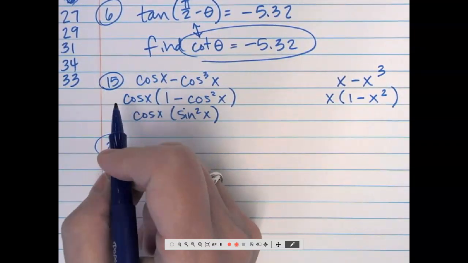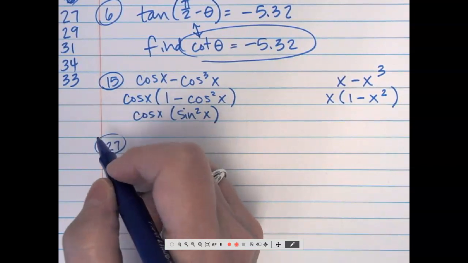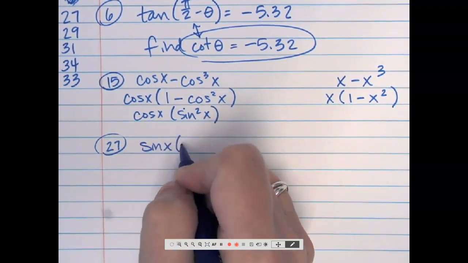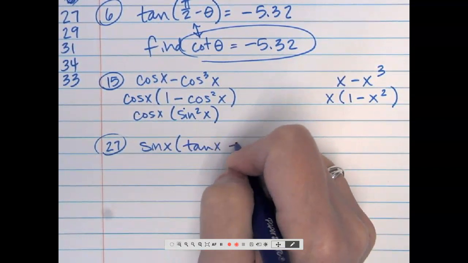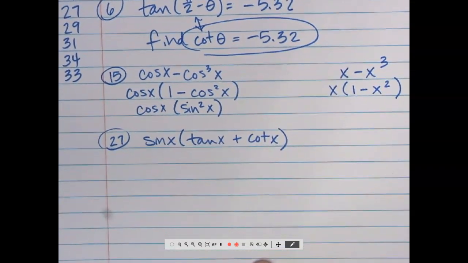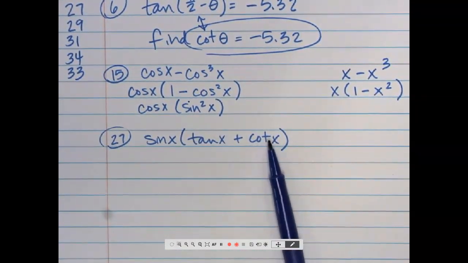Alright, use basic identities to change the expression to one involving only sines and cosines. And we start with this. Tangent plus cotangent. Okay, so tangent plus cotangent by itself is not an identity.